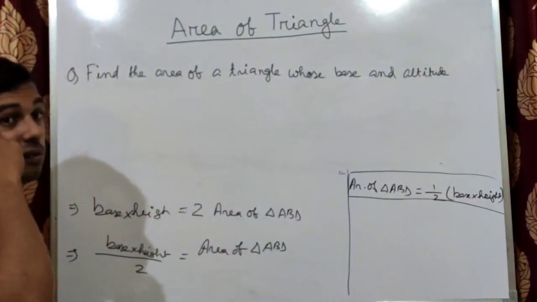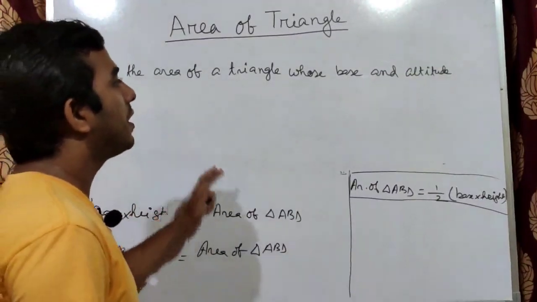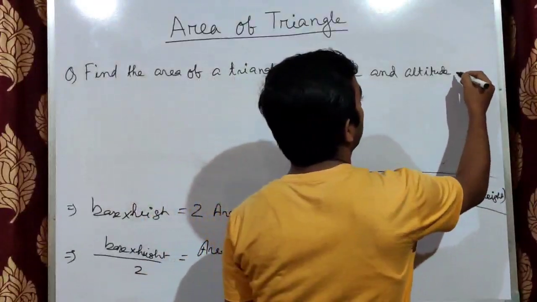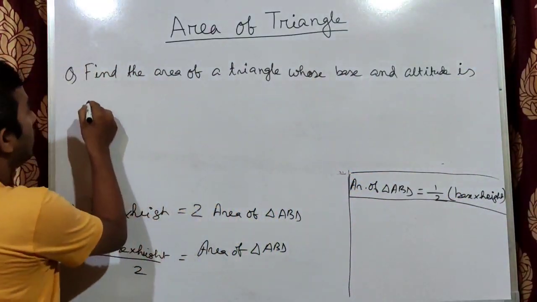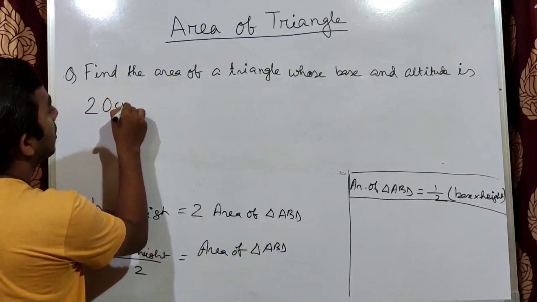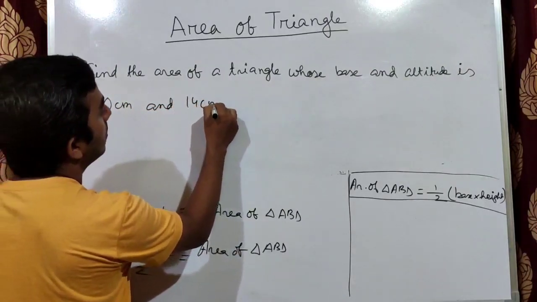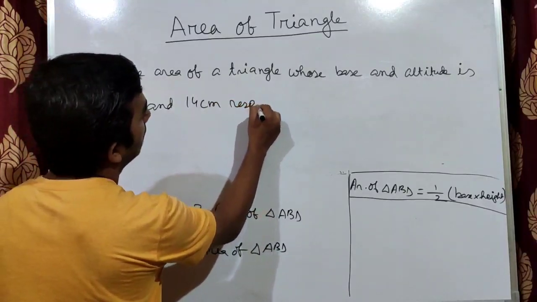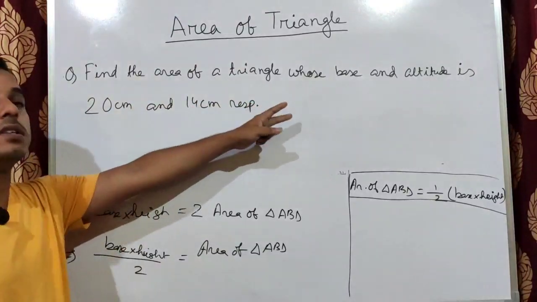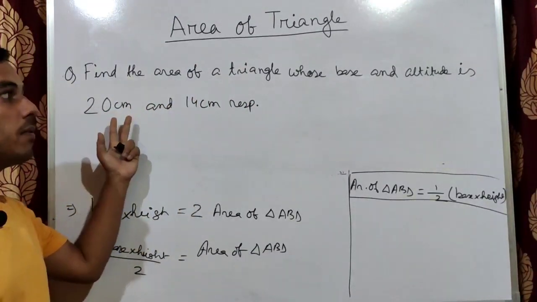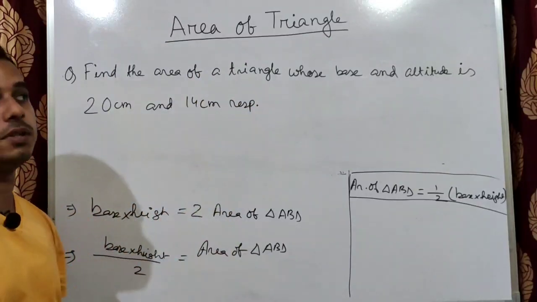Is it same or is there any slight difference? Find the area of a triangle whose base and altitude are 20 centimeter and 14 centimeter respectively. This respectively means which comes earlier? Here base comes earlier, so 20 centimeter also comes earlier. That means base is 20 centimeter and altitude is 14 centimeter.